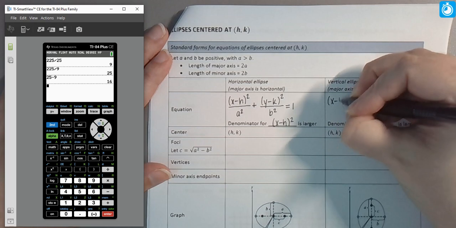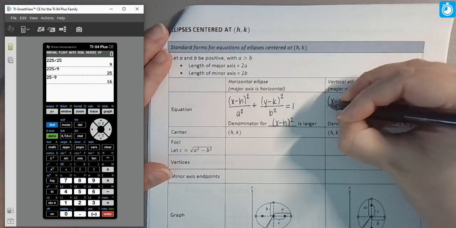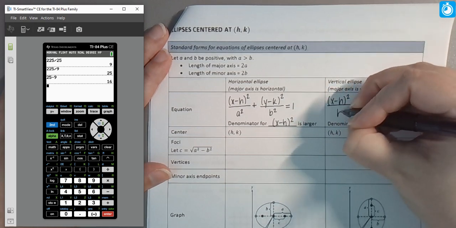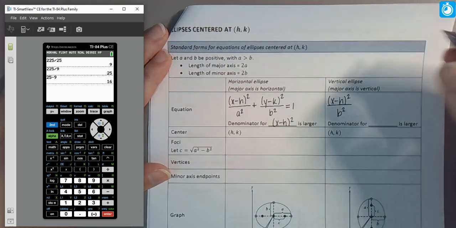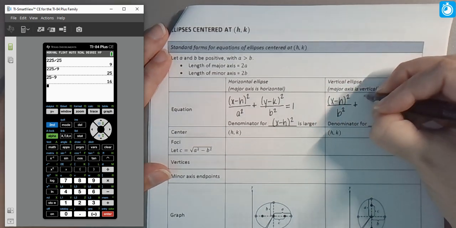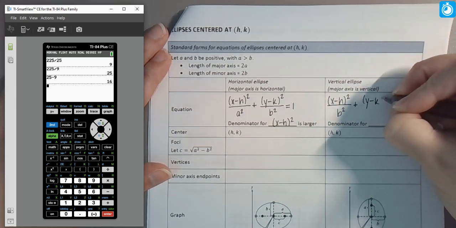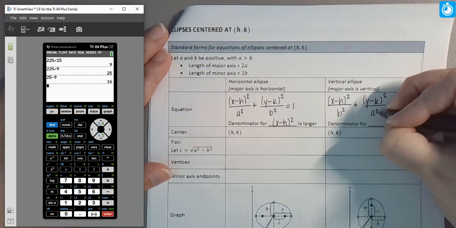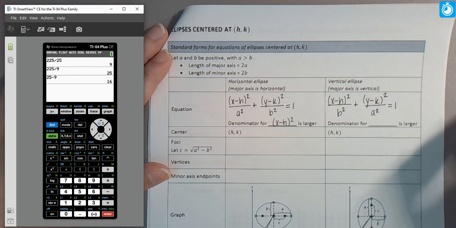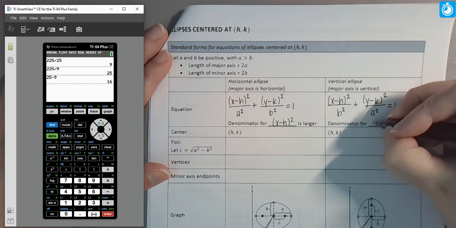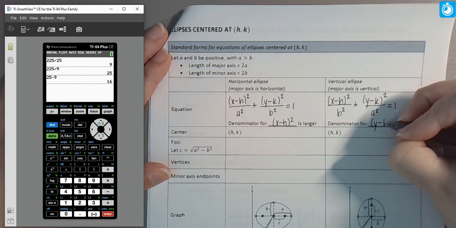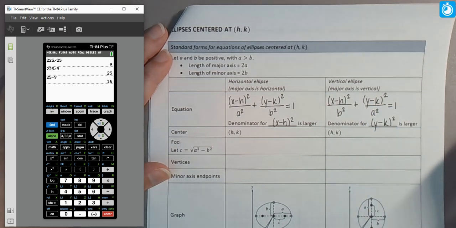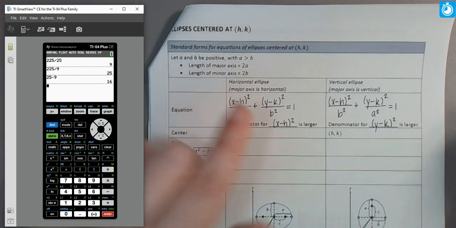Same general structure, so (x minus h) squared, but now that denominator is going to be b squared, the smaller denominator, and then (y minus k) squared is going to have the larger denominator of the two. So in this case, we have a vertical ellipse when (y minus k) squared has a larger denominator. Now, the most important thing that's changed here is the center.